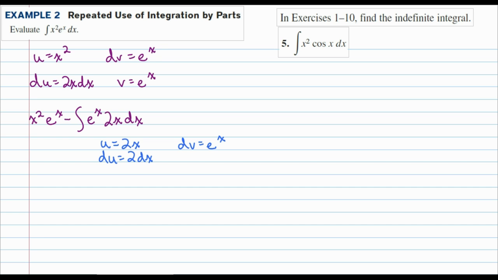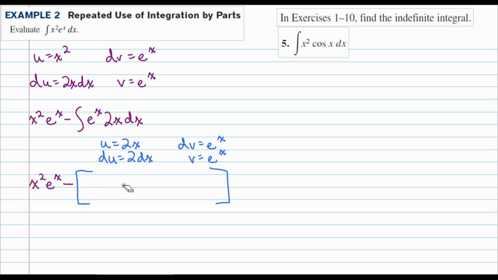Take the derivative of u, and now I have just 2 dx, and then the antiderivative of dv, which is e to the x. But first, remember, you have x squared e to the x minus that, which stayed the same from the previous step. We're only subtracting an integration by parts to figure out this antiderivative. So x squared e to the x stays out in front, and then we subtract the integration by parts used for this product.